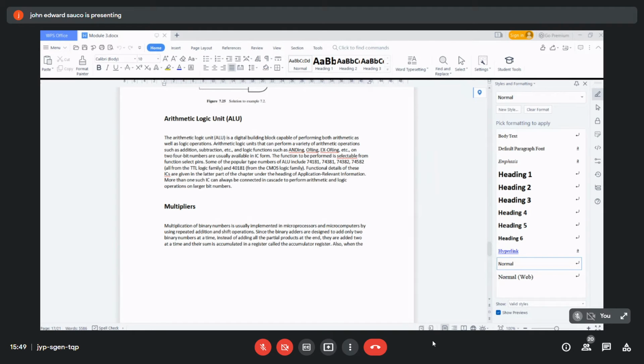Sa palagay mo, yung TTL hindi kayang i-reconfigure, mas advanced po yung CMOS. Yun lang po yung alam ko. Okay, thank you. At least may idea kayo.